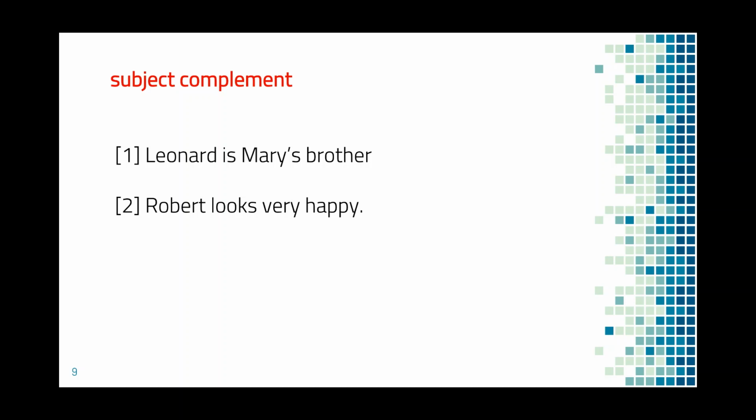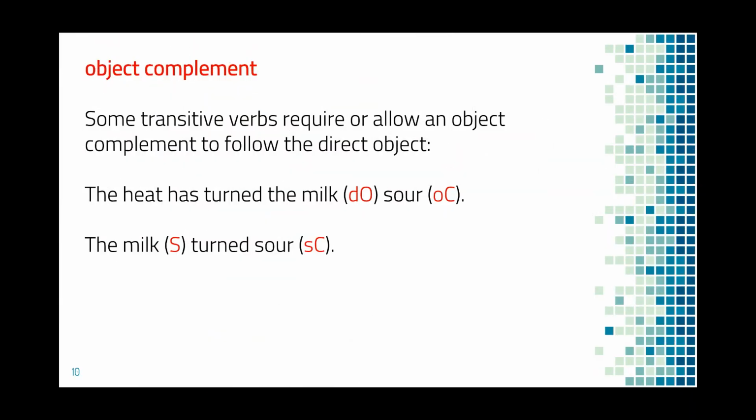Moving on to the object complement. Now, again, we could have a subject complement and we could have an object complement. The object complement has to do with the relationship between the direct object and the object complement.